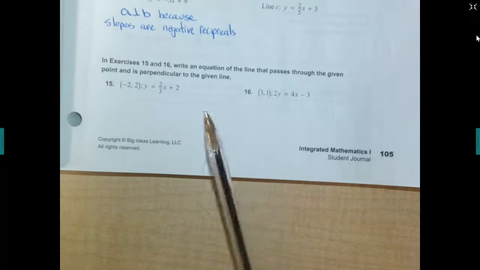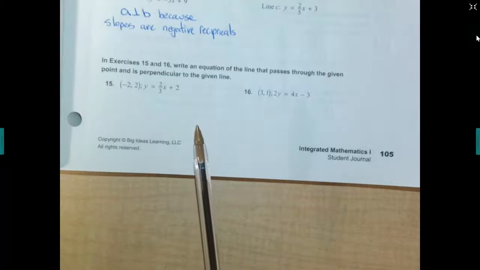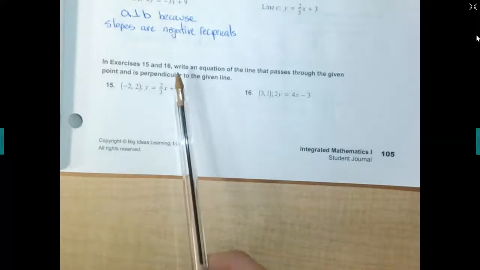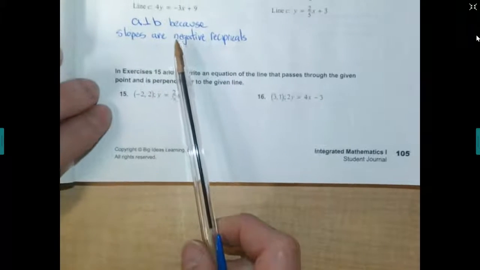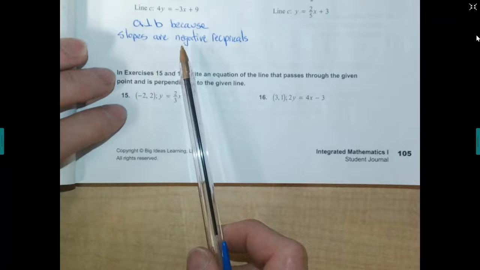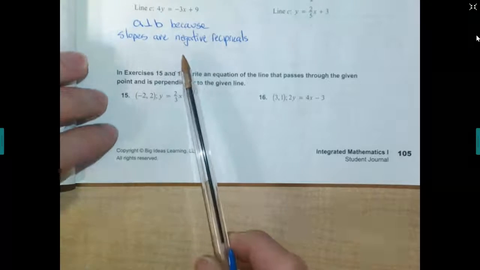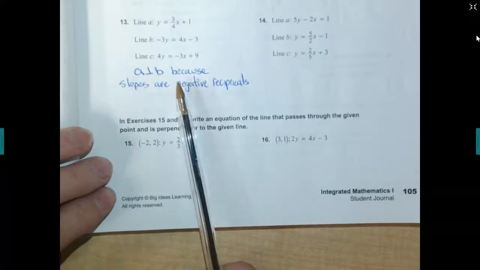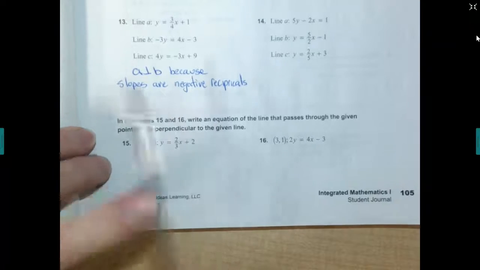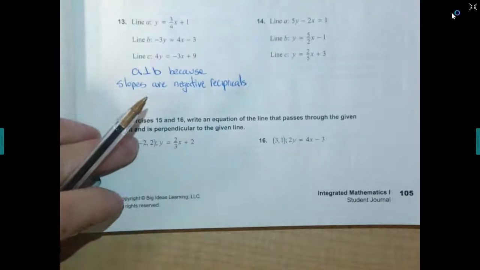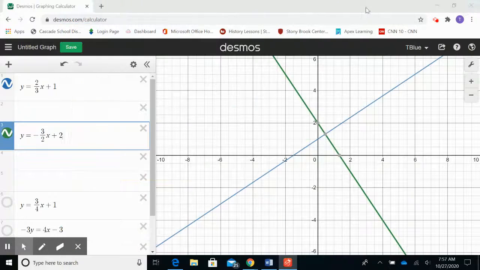Actually, you know what? Let's check, just to double check. No, we're fine. But you can always double check on Desmos. Let's double check number 13 on Desmos.